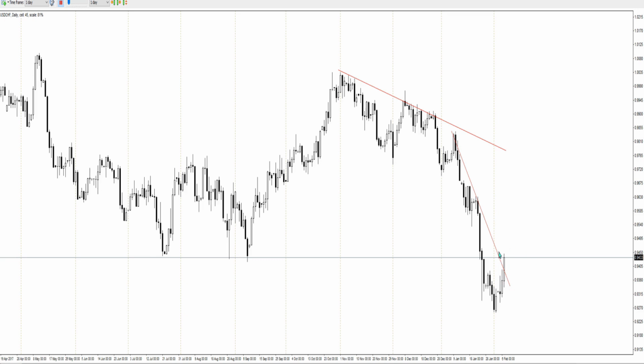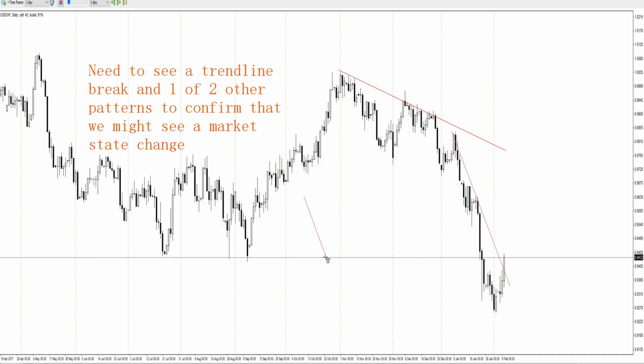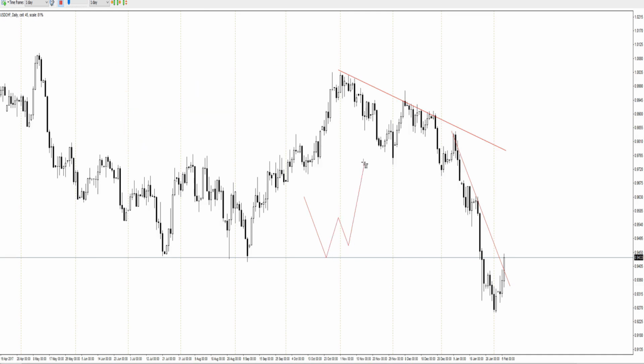As soon as there is a trend line break, we need to see one of two things. We need to see a failure to follow through, or we need to see a rat trap which is qualified by the RSI. So one of these two patterns we need to see.